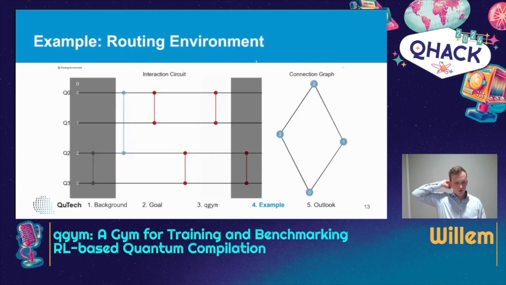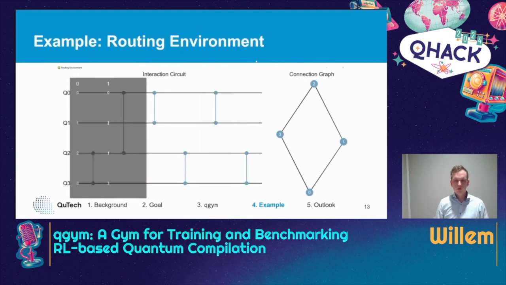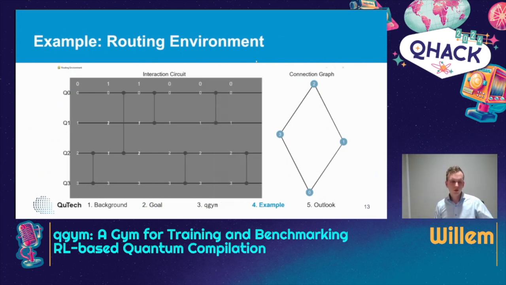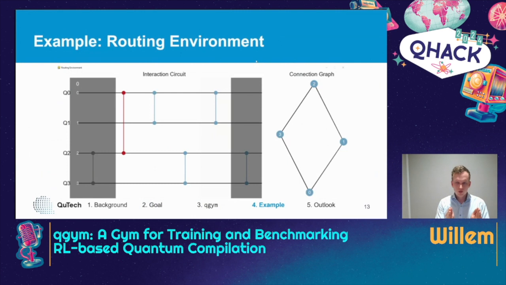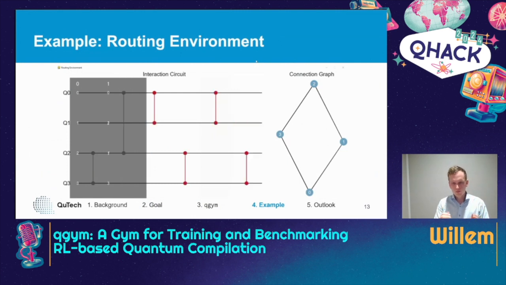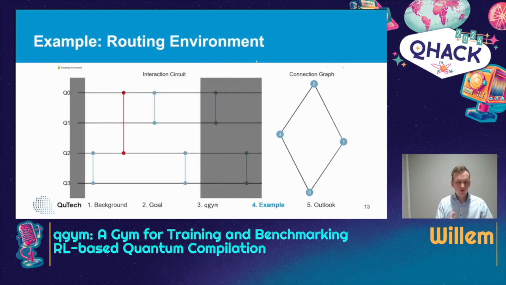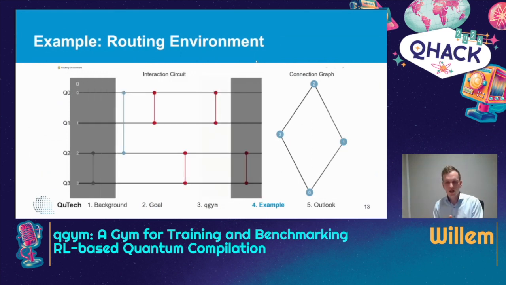So here in this animation, you see an agent at work. The white part is the part that the agent can see. We say, let the agent have an observation space of a certain number of gates ahead.